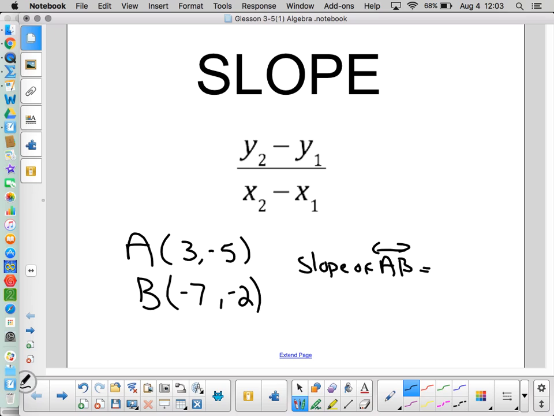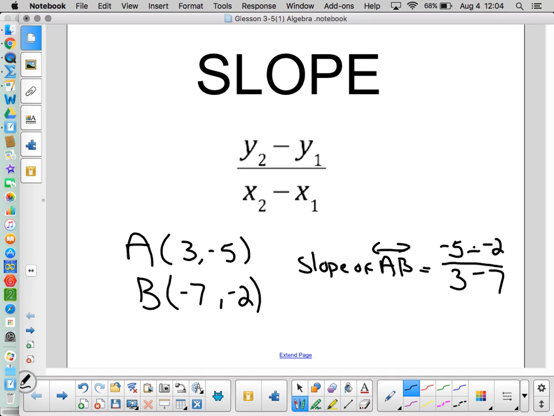Now, again, like the other formulas, we don't really have to get hung up on which one is x1 and which one is x2. It doesn't matter. We just have to be consistent. Once we pick one as y2, if I pick -5 as y2, then 3 has to be x2, minus, and again, y over x, -2 and -7.